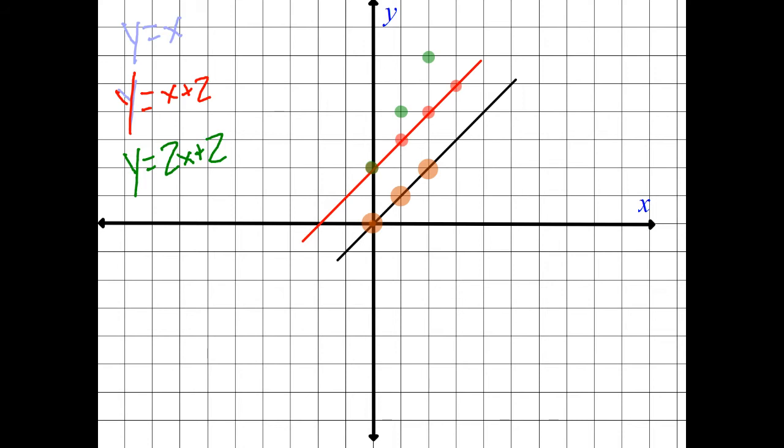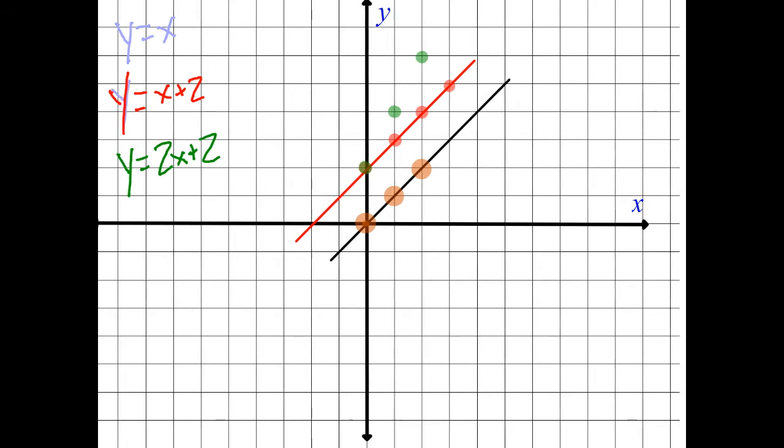It's going to be a little bit steeper, but that should make sense. Since the slope is larger than 1, it should rise at a steeper rate than the parent function. And there you have it.